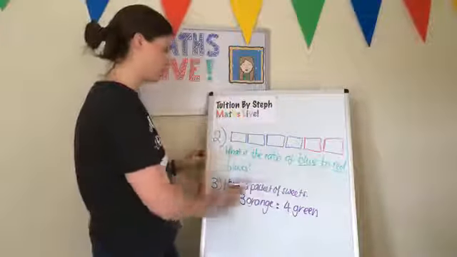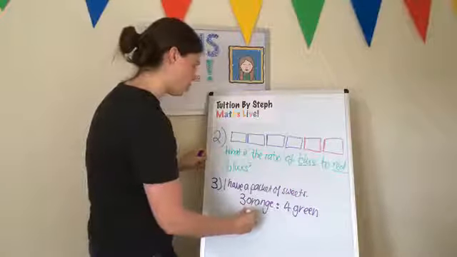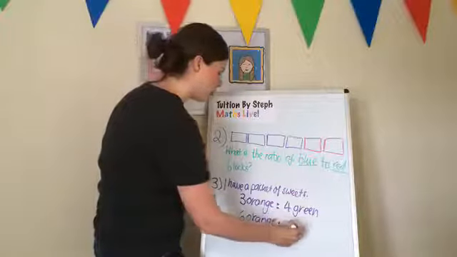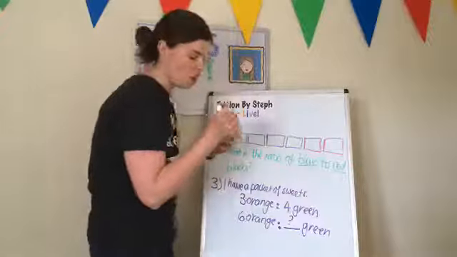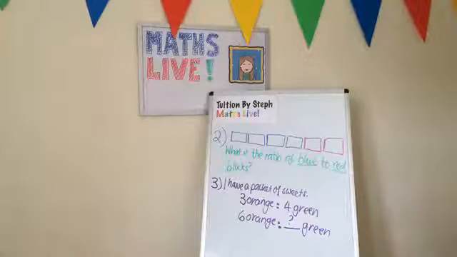Okay? I have a packet of sweets, 3 orange, 4 green. If I have 6 orange sweets, how many green sweets do I have? Okay, give those a go. I'll only give you a minute because it shouldn't be too bad. And then we'll come back and look at the answers.